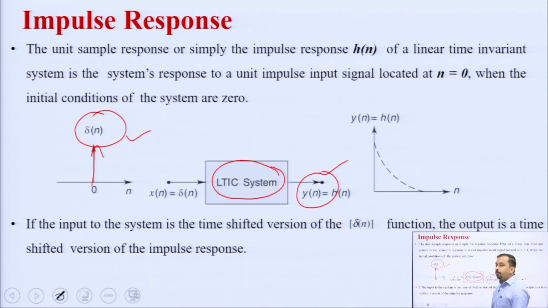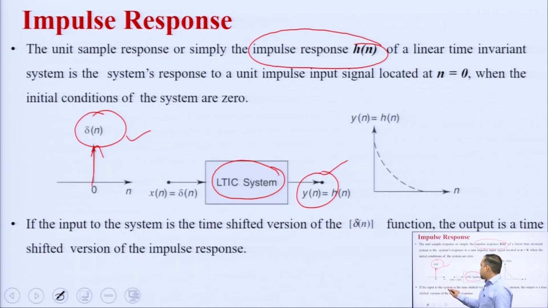When the input applied to the system is of impulse type, then the response of the system is known as the impulse response, and we can denote it as h[n] or h(t) depending upon whether it is discrete time or continuous time.